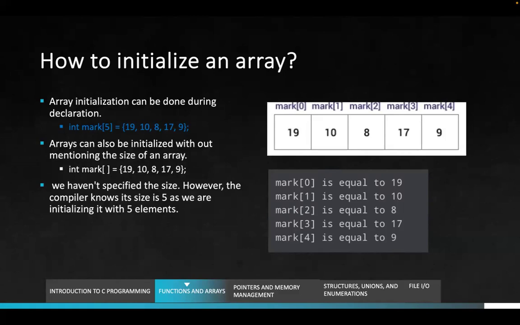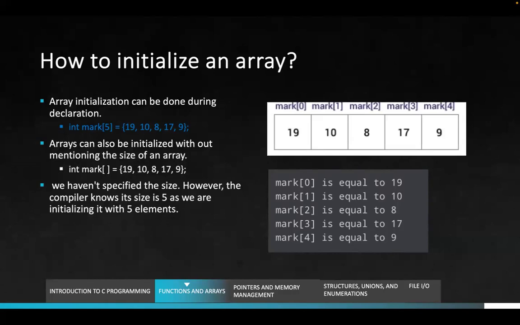If you are not keeping the size of an array, it automatically calculates the number of elements present in the array and considers the same size. If you don't specify the size, then your compiler will automatically calculate it based on the initialized elements and store the corresponding element in the corresponding index position.